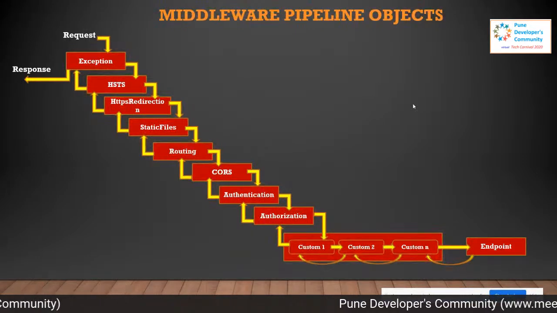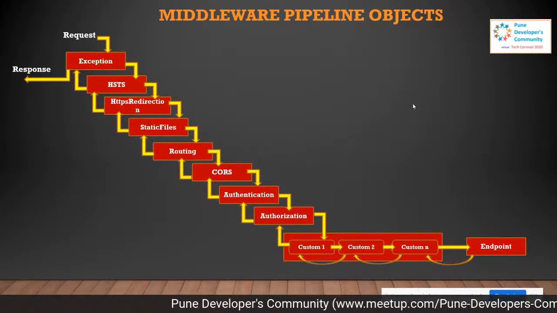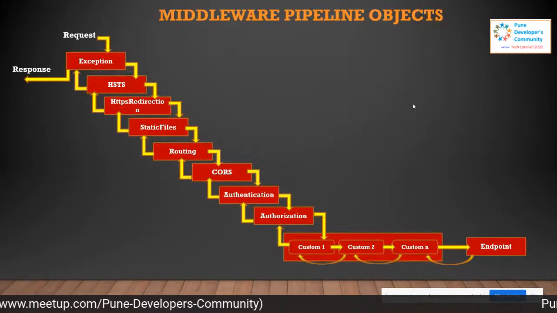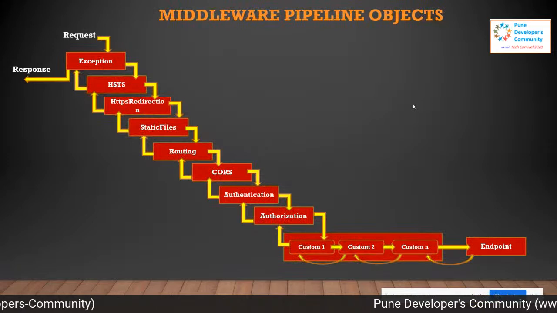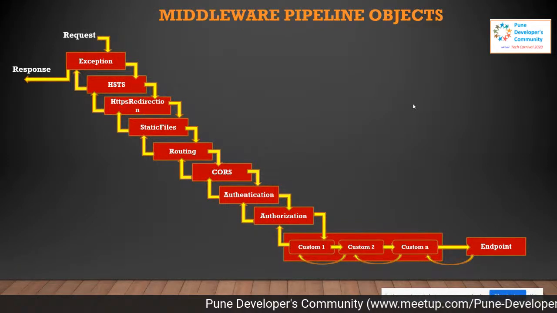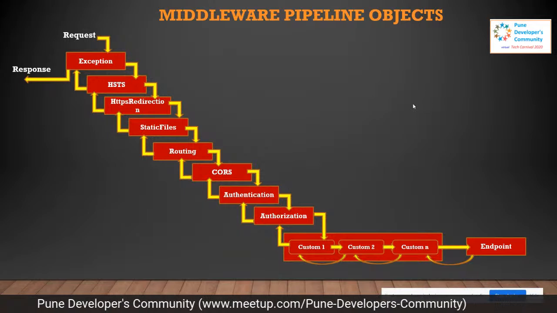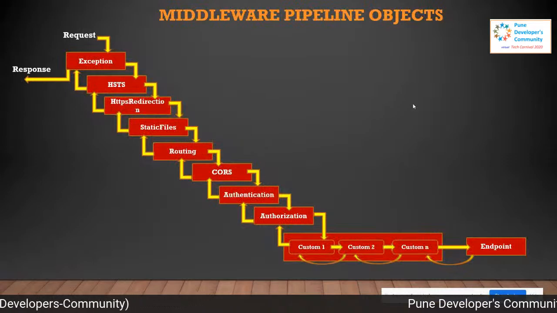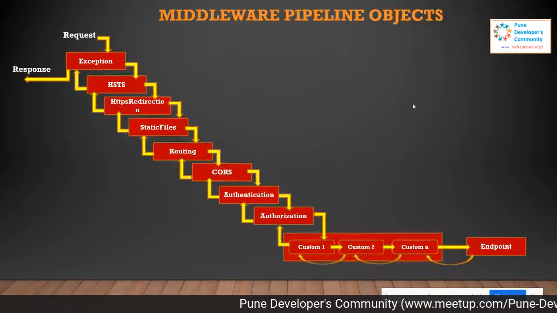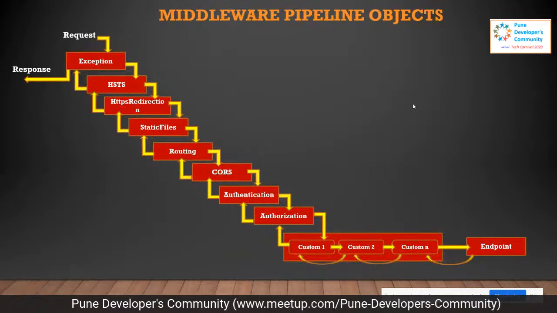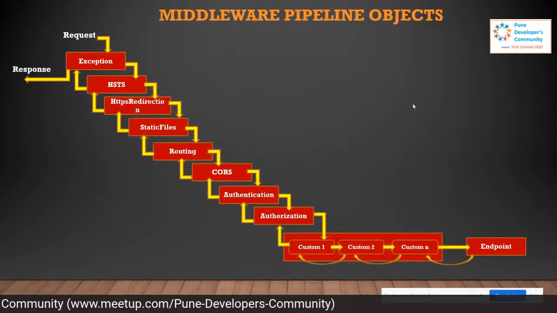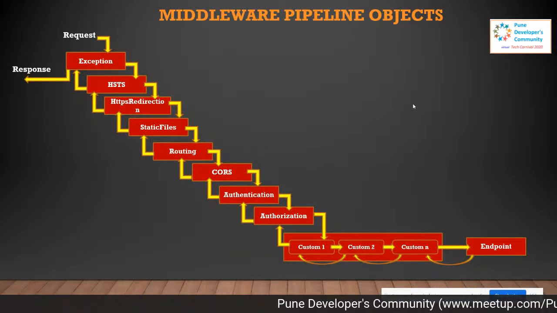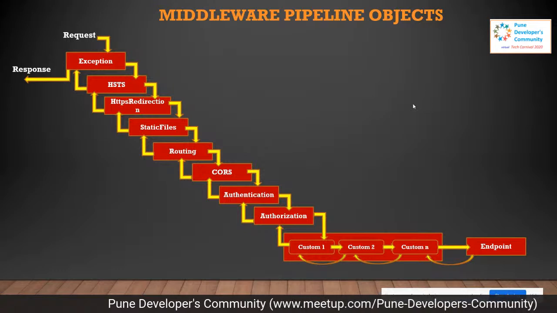They are additional objects which will manage the request processing in an appropriate pipeline, or I should say channel. These middlewares, by comparison, I'll repeat, are the replacement of HTTP module and HTTP handler.